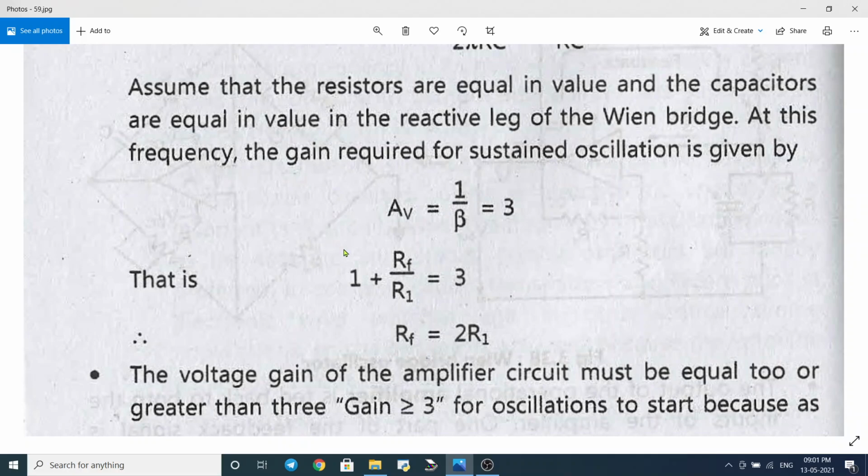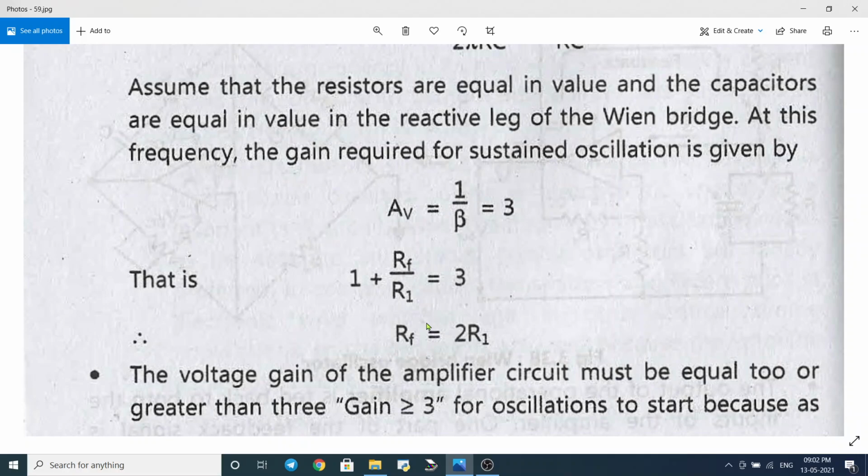This is the equation of gain of a non-inverting op-amp. 1 plus Rf upon R1 is taken as 3. That means Rf should be 2 R1. This is the design condition for the gain of the amplifier.